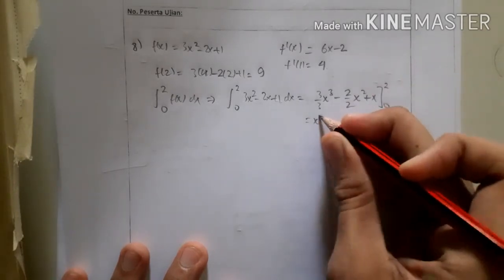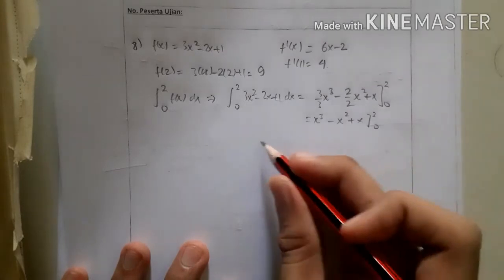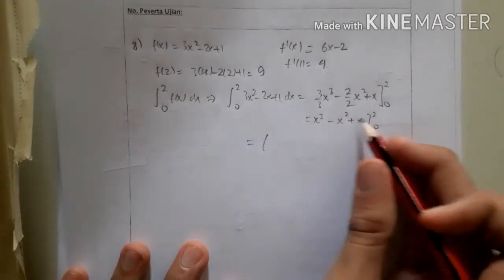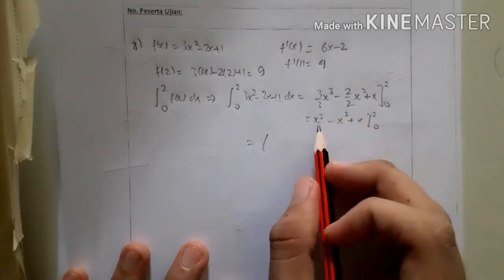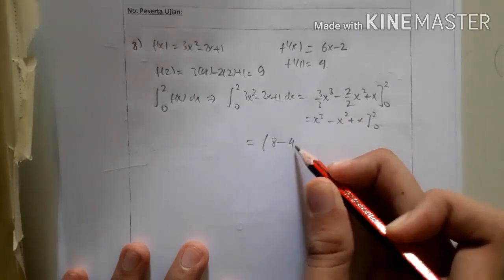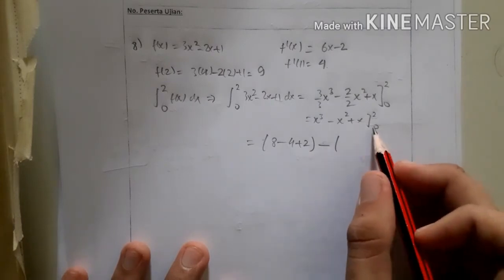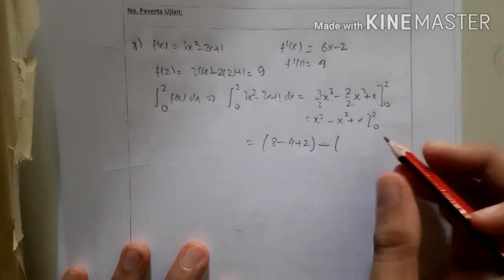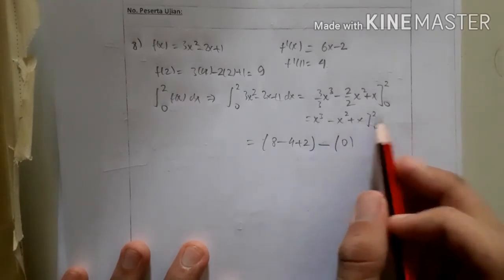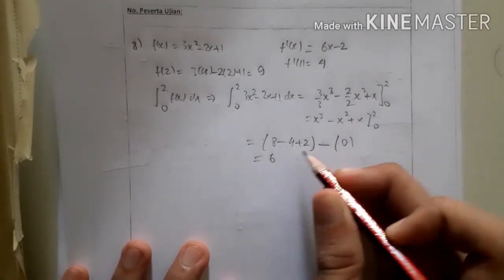So this is x cubed minus x squared plus x, from 0 to 2. For an integral with limits, you substitute one by one. Start with the upper limit first: 8 minus 4 plus 2. Remember you have to subtract the lower limit, substituting 0, which gives 0. So that is 10 minus 4, which is 6.